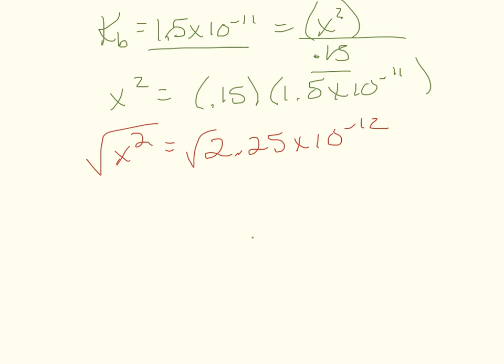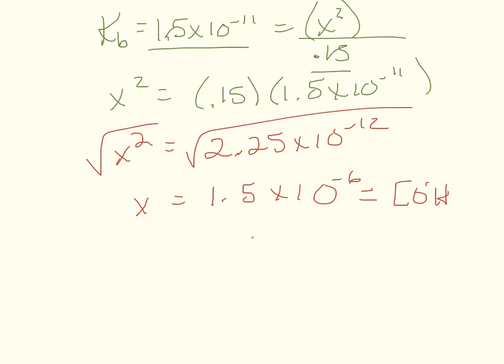Taking the square root of both sides means that x equals 1.5 times 10 to the minus 6. What is x? It is the concentration of hydroxide. So obviously don't forget your units too.